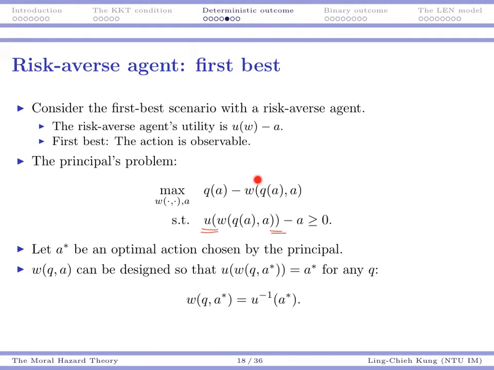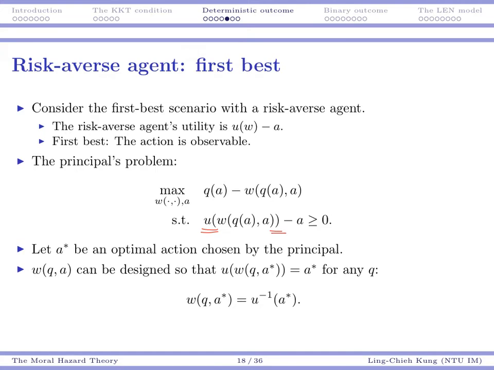For the principal, he doesn't really care about A. The principal only cares about W, which is the amount of money that the principal pays to the agent. Okay, so you can see these two terms are different. And because of that, even though this constraint would be binding at any optimal solution, it's not going to be something that you can directly plug back in.